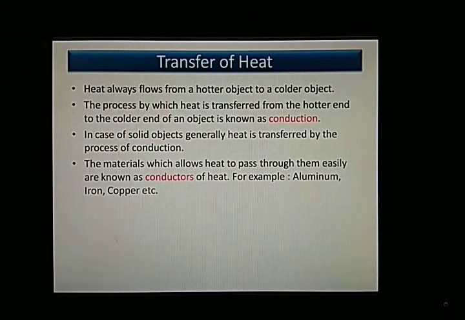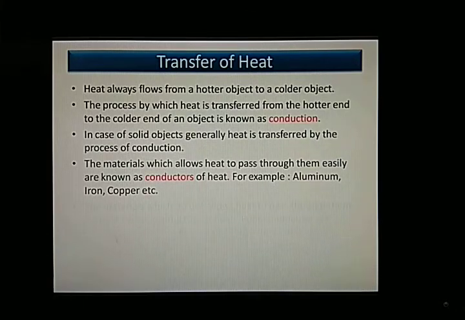So these solid objects help in the conduction of heat, or the passing of heat through them. As a result, if we cook in an iron vessel or in an aluminium vessel and we place it on the stove, it quickly heats up. Clear? So why does it heat up? Because they are good conductors of heat.